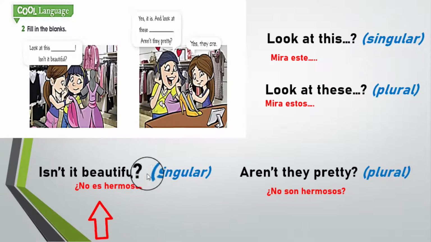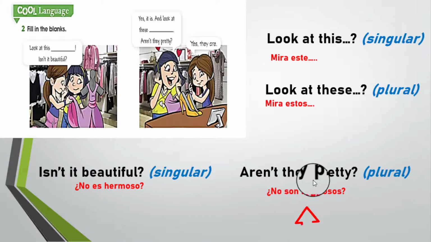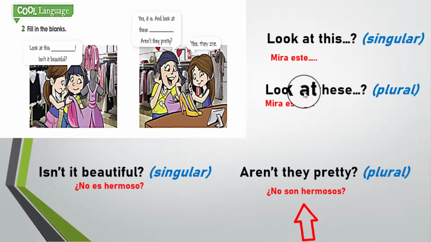Entonces también este singular dice, isn't it beautiful? ¿No es hermoso? Cuando te refieres a la cosa en singular. What about, for example, here? Aren't they pretty? Bueno, aquí también dice lo mismo. No son hermosos, pero cuando te refieres a la expresión de lo que mencionaste antes en plural, ¿no?